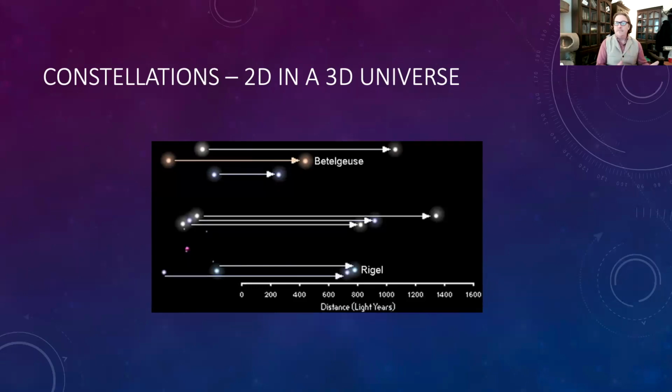So if we look at the constellation of Orion, it makes up maybe a few degrees on the sky in extent. But when you look at it in three dimensions, when you add the z dimension to it, you can see that the brightest stars in Orion are separated in some cases by a couple hundred light years, or in other cases by about 1,000 light years.